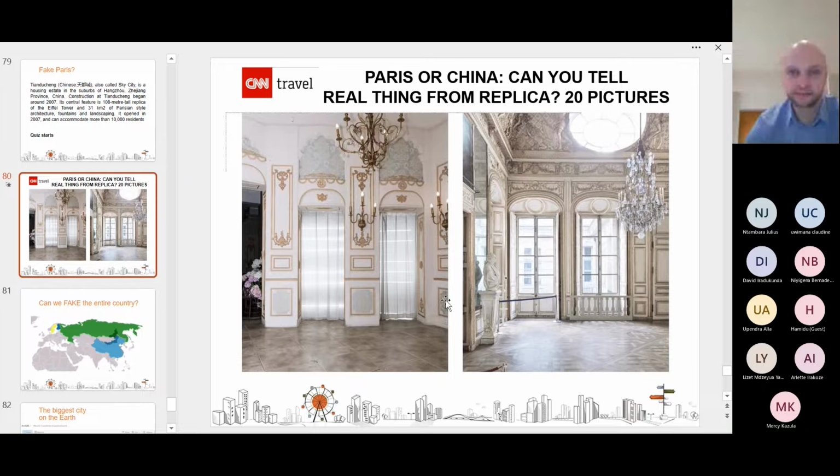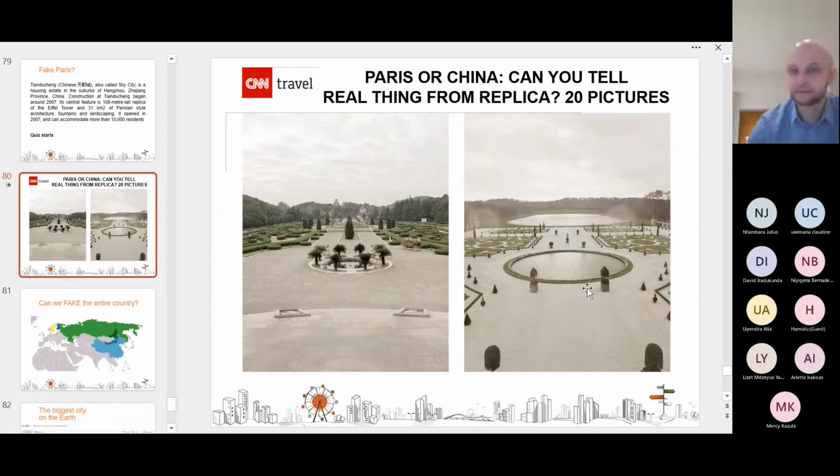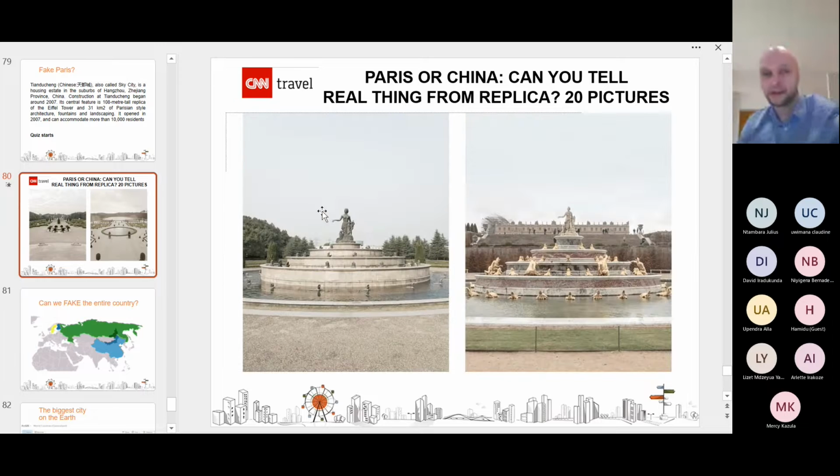Let's talk about the parks. Left. Okay, so you consider that the left picture represents Paris. Left. Okay.